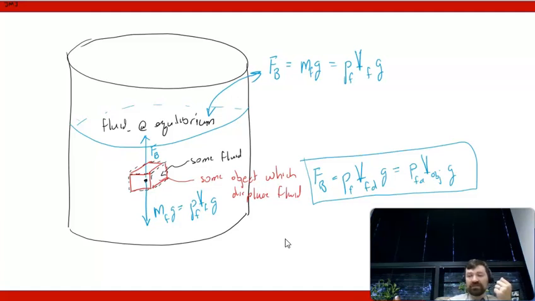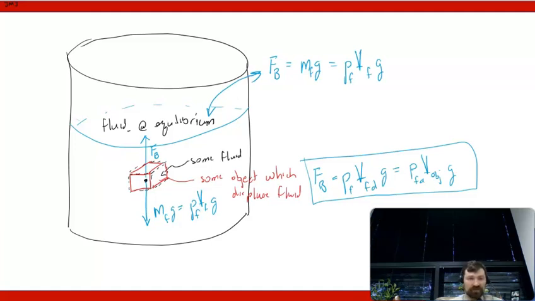And that in turn means that the decrease in weight of the object and the decrease in the weight of the fluid that's surrounding the object are by the same factor, and therefore this buoyant force will be the same fraction of the object's weight as it was before. Now for an object which is at neutral buoyancy, that basically means it remains at neutral buoyancy. For an object which is floating near the top, that means that the object will still float near the top and will have the same fraction out of the fluid as it did before.